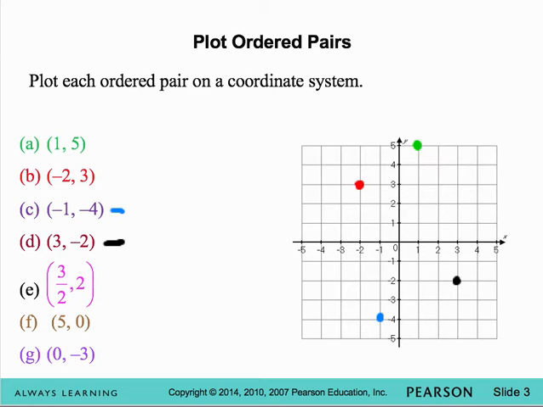I also don't have a pink, so let's use yellow. Okay, 3/2, I may have to change that to a mixed number. So this is really 1.5, 2. So you just go over 1.5 and then up 2.